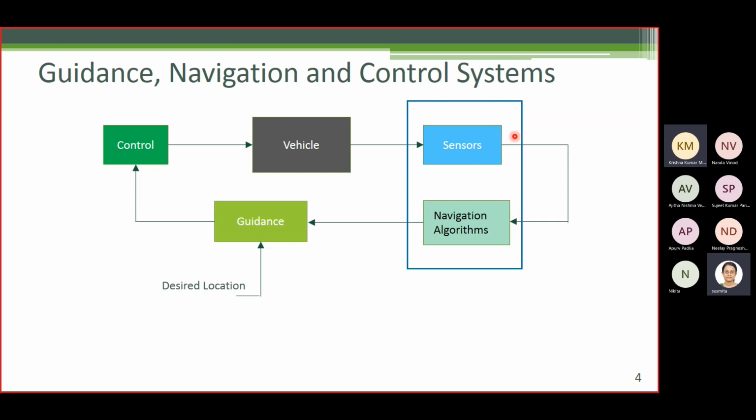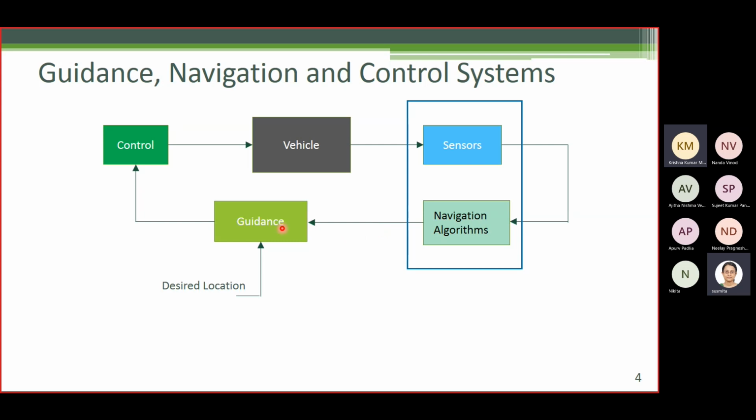Sensors basically measure some parameters or quantities, they make measurements, and those measurements are fed to the navigation algorithms. Okay, then the navigation algorithms process these measurements to output position, velocity, orientation, etc. to the subsequent guidance block.